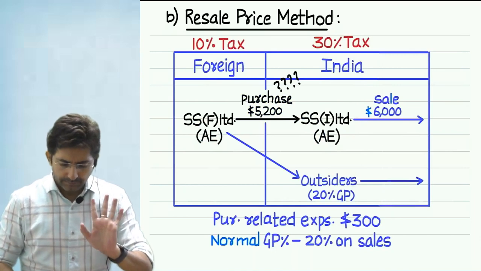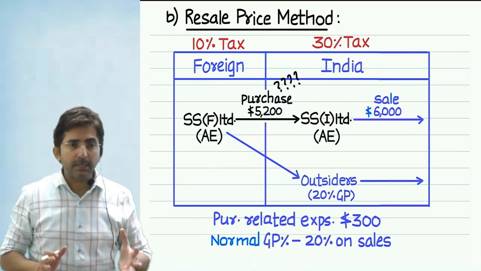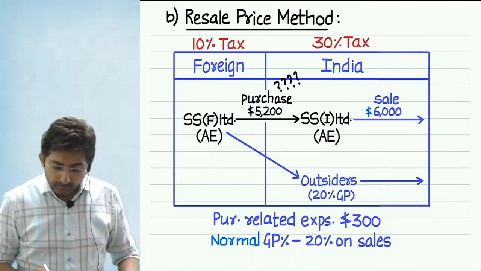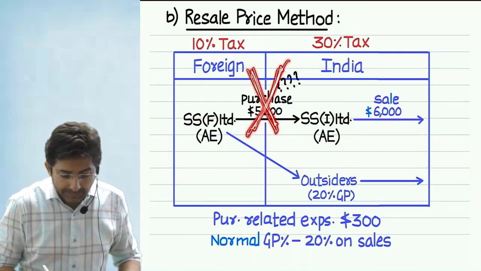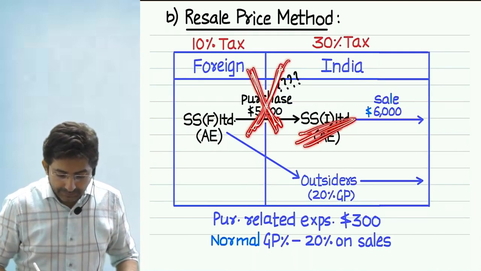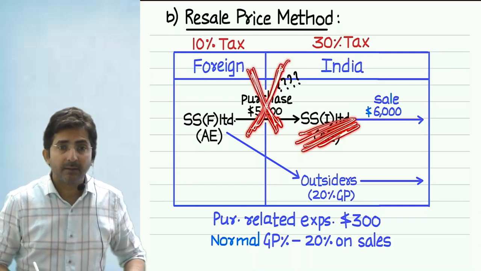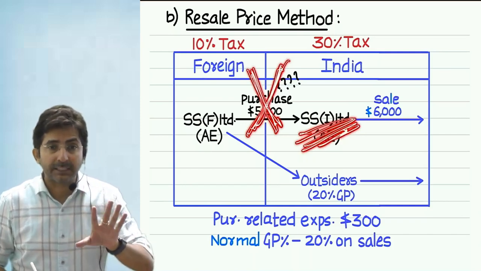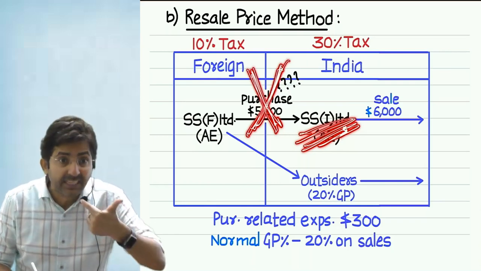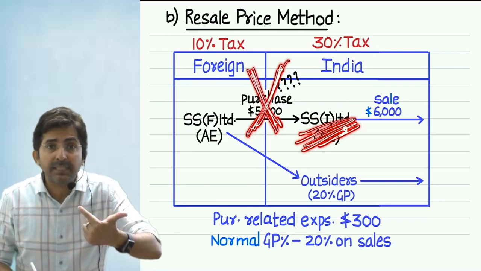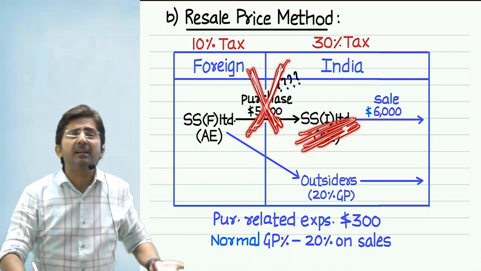See, let me explain. First, did you understand what my objective was? Since I don't trust the purchase price which Indian Samsung is showing, I want to find the true purchase price. So your objective is clear, that we want to find purchase. That purchase I can find as a balancing figure in a trading account.